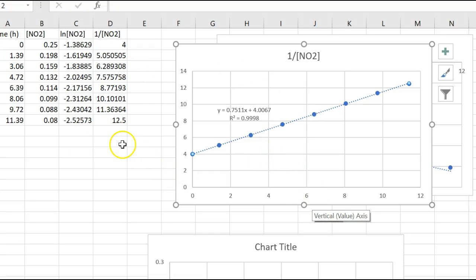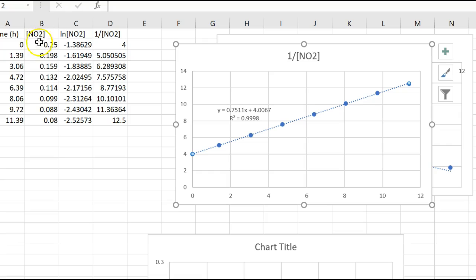So we had learned that if you plot the natural log of concentration as a function of time and you obtain a linear relationship, then you can conclude that the reaction is first order in that reactant. In this case, the reactant was NO2. We were looking at the reaction between carbon monoxide and nitrogen dioxide. And these were data presented in a practice exercise in your textbook, Gilbert 5th edition.